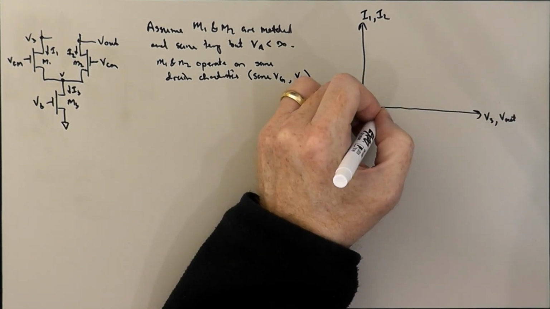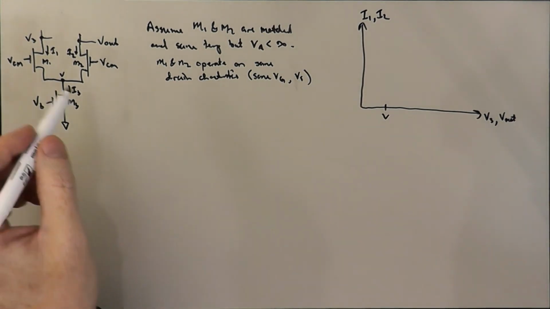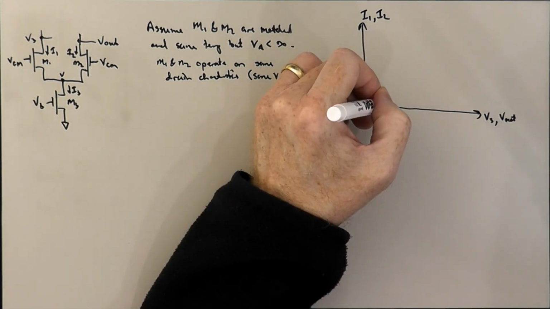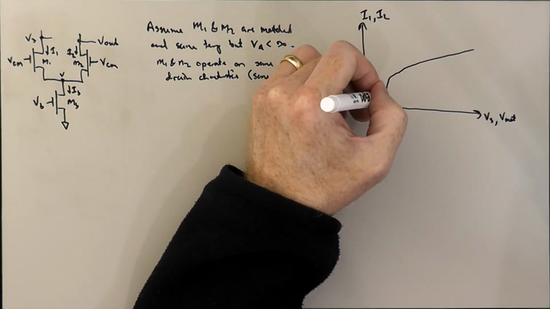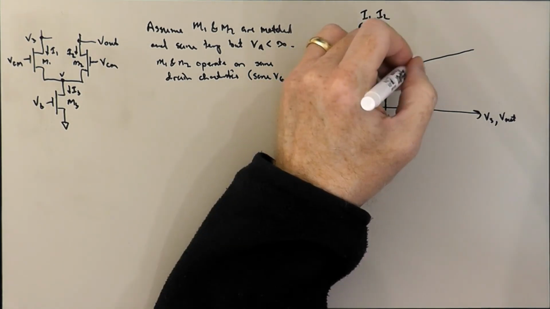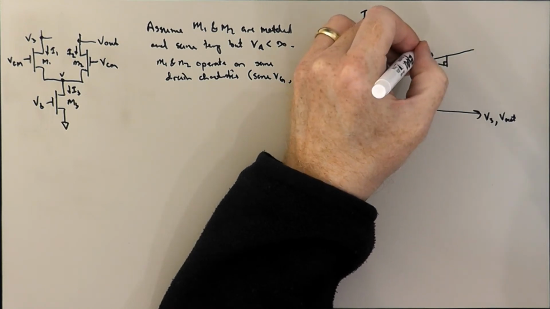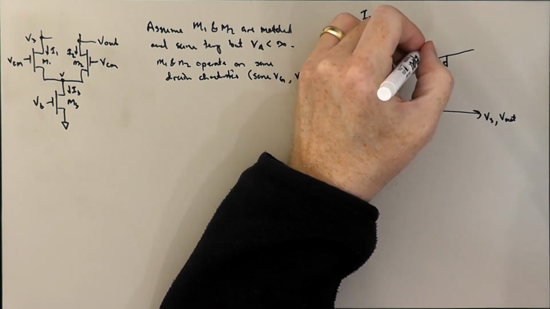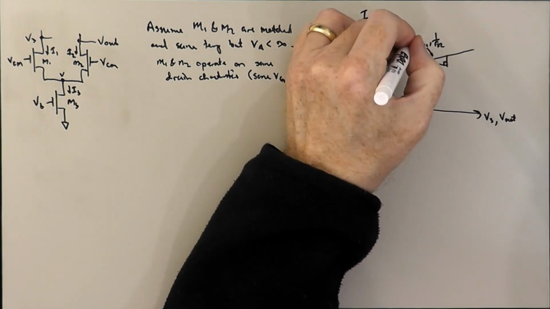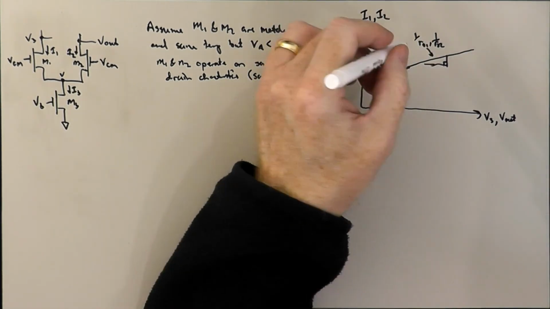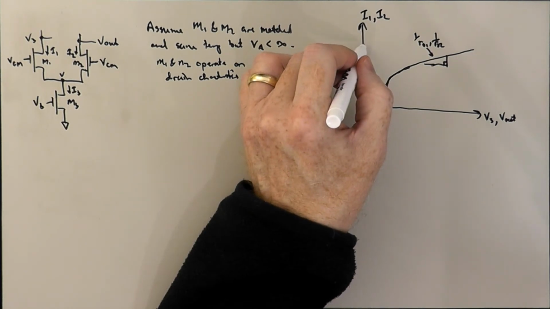There'll be some voltage here, V will be somewhere, and we would have something like an ohmic region coming up from V, and then there would be some slope up here, so that there'd be some RO, 1 over RO1, 1 over RO2, and we would have either I1 or I2 over here on the right hand side.